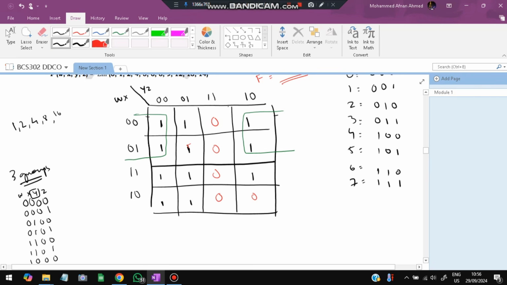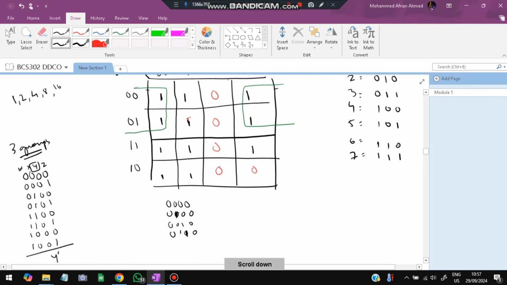The first set is 0000, write it 0000, 0100. In any order you can write 0100, and here it is 0010, and the last one is 0110. Okay, now observe which numbers are getting changed.